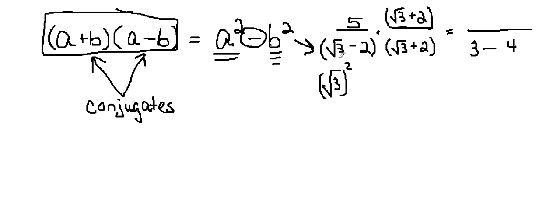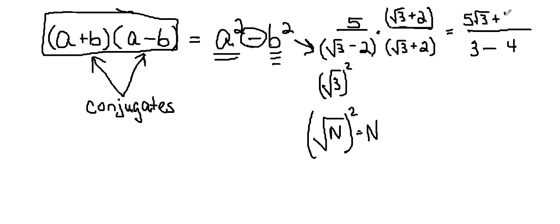Okay, so study this one over. It's just like whatever the square root of any number squared equals n. Alright, so there I go. This is my denominator, and then my numerator up here, I'm just going to distribute this 5 times the square root of 3, which is 5 root 3, and that's going to be plus 5 times 2, which is 10.